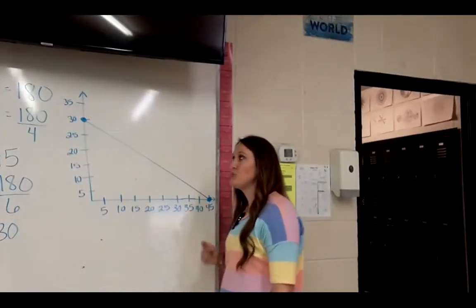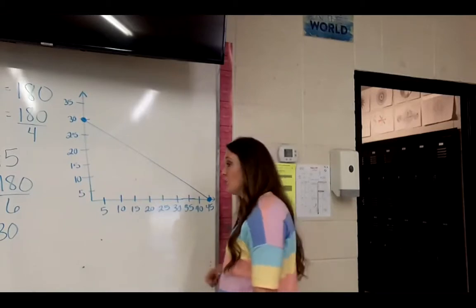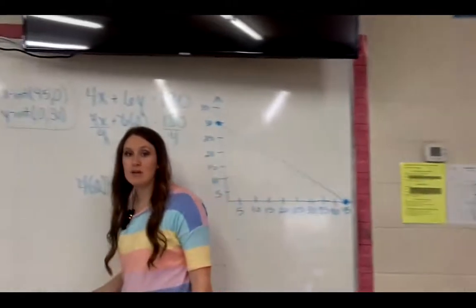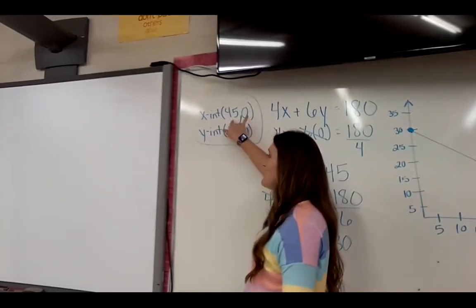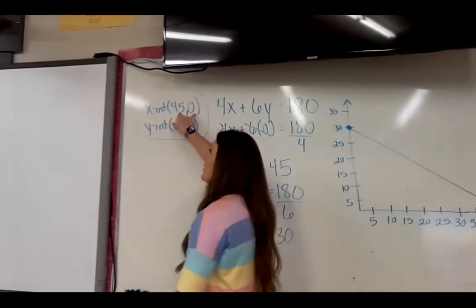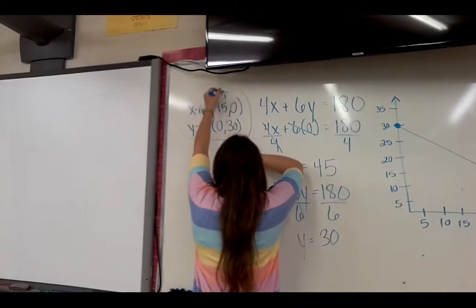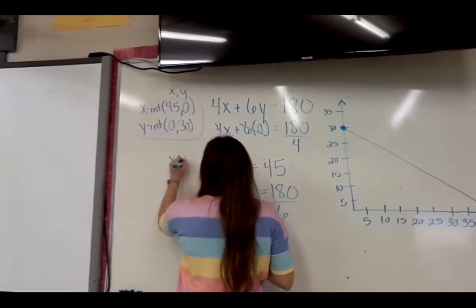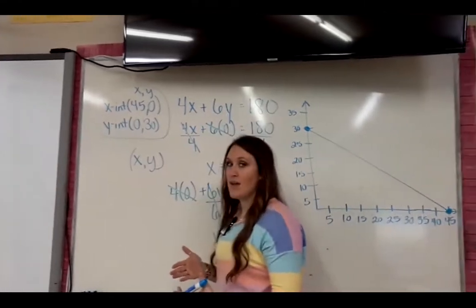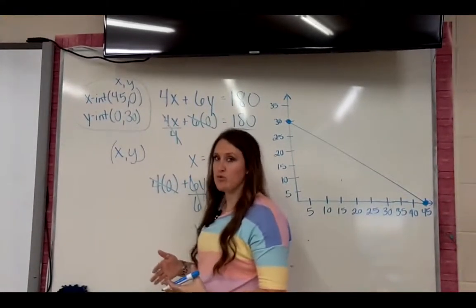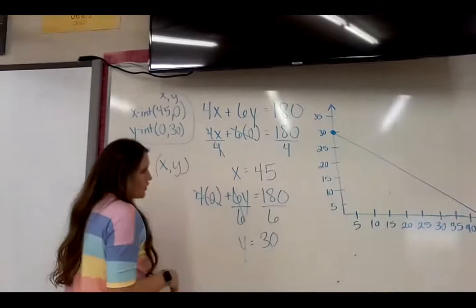Then it said interpret your intercepts. So you actually had to go back and tell me what it meant in terms of this problem. So my x-intercept was 45, the point 45, 0. So every point is x then y, okay? X then y. They told me in the original problem, x represented the small tables. Y was the large tables.